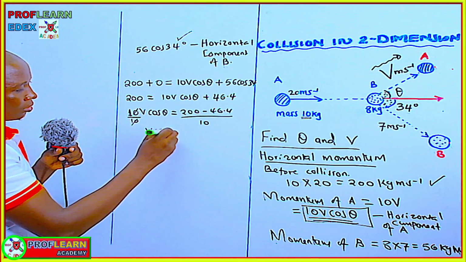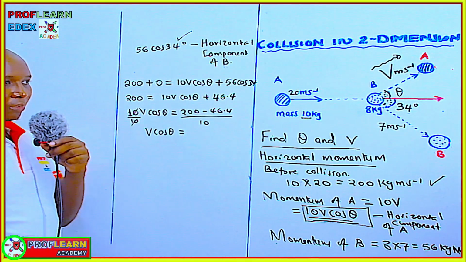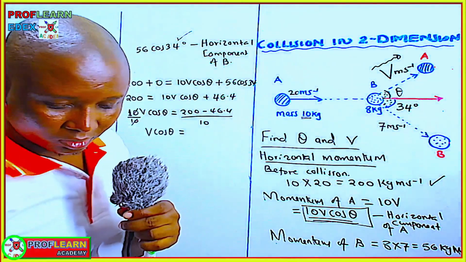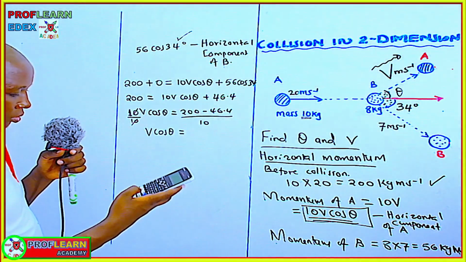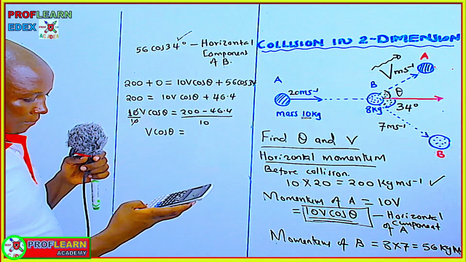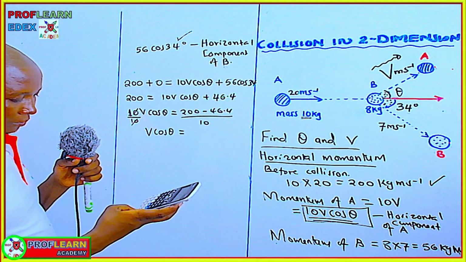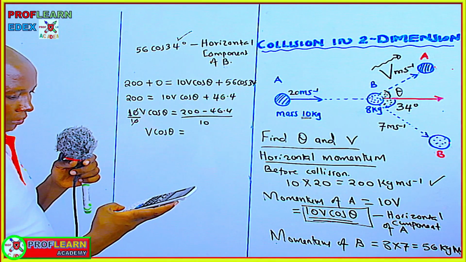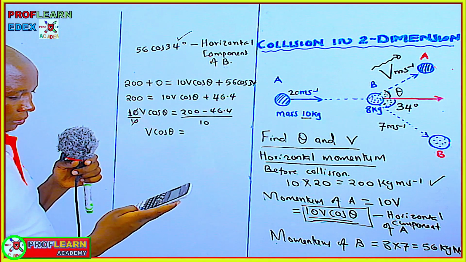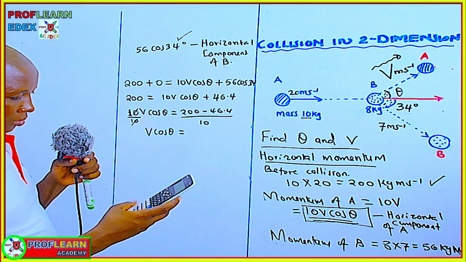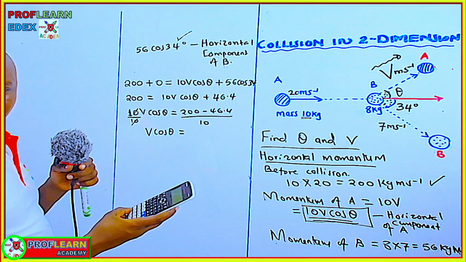V cos theta is going to be equivalent to 200 minus 46.4 divided by 10.